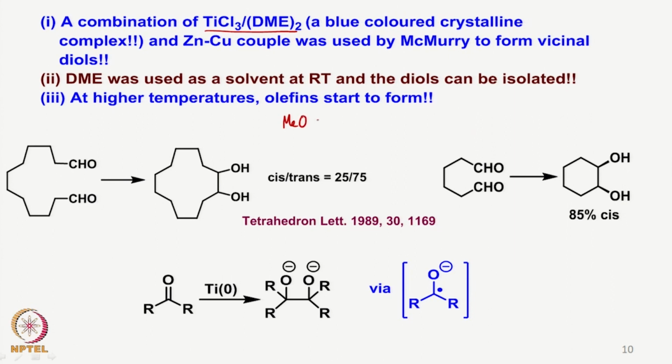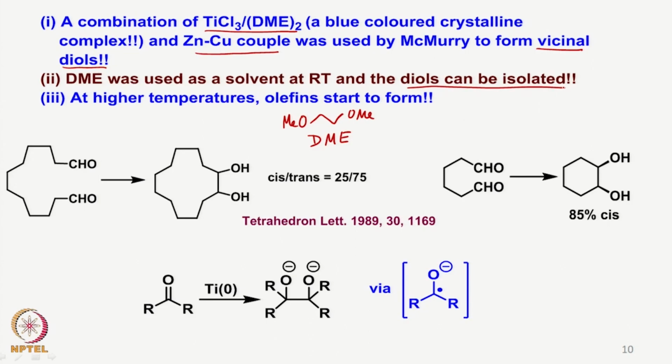which is DME, forms a blue colored crystalline complex. That particular complex and zinc copper couple was used to form vicinal diols from two ketones. DME was used as a solvent at room temperature, and the diols could be isolated.